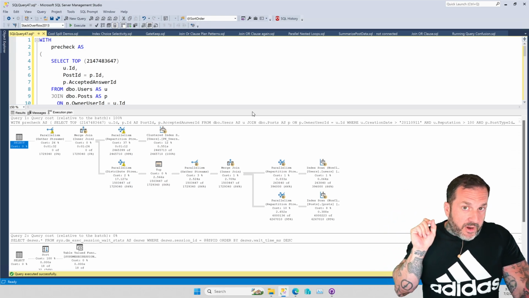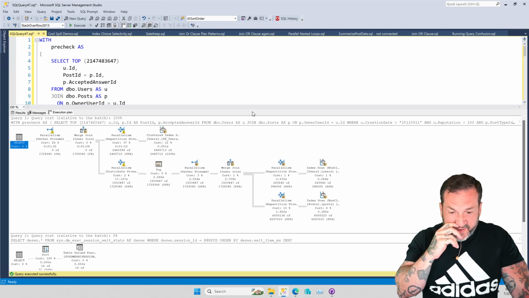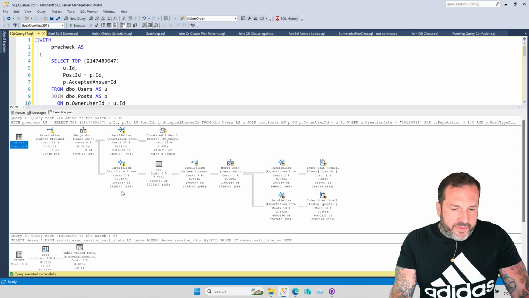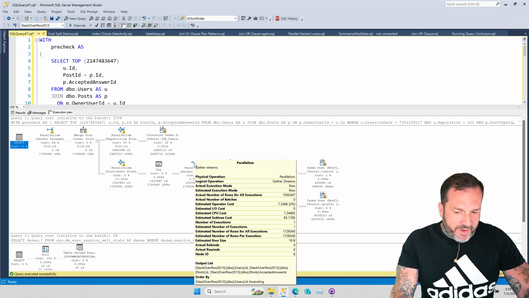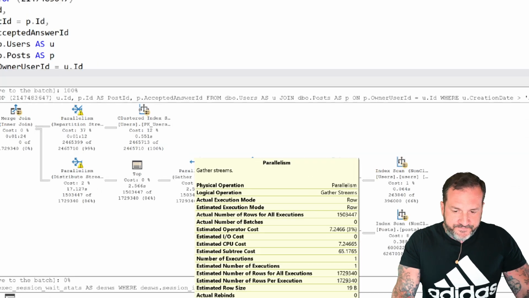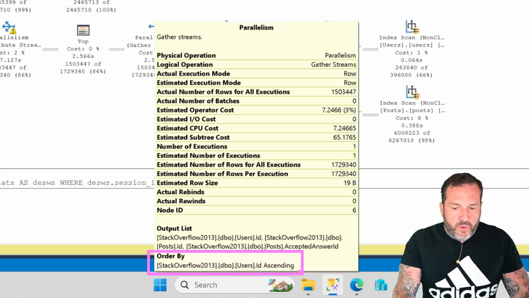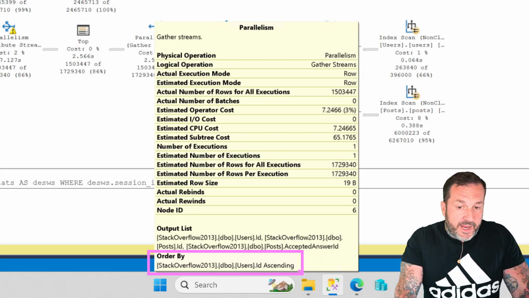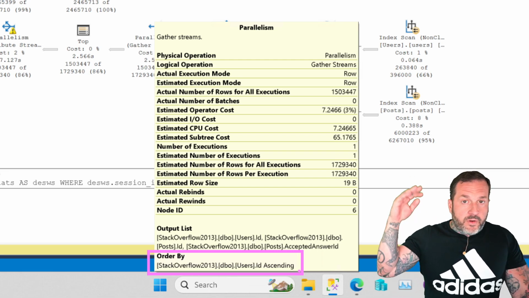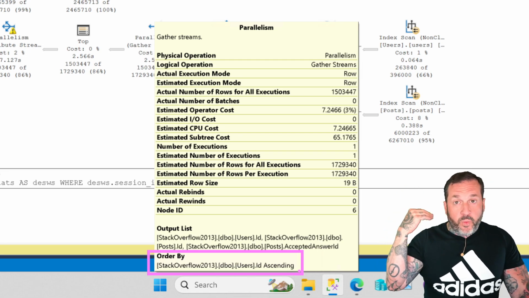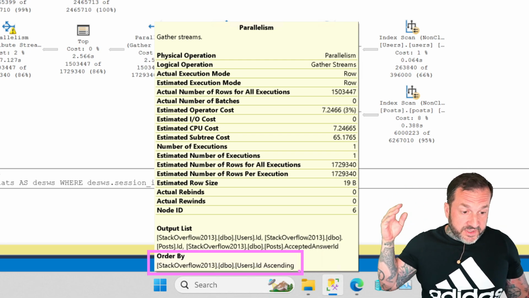But there are things that preserve order in this query plan that are a little tricky to spot. So not this one, but if you look at this parallel gather streams operator, it has an order by at the bottom of it. And this order by means that it is preserving the order of the ID column in the users table as it passes through here. Preserving order across parallel threads is what leads to things getting all gummed up and slow.